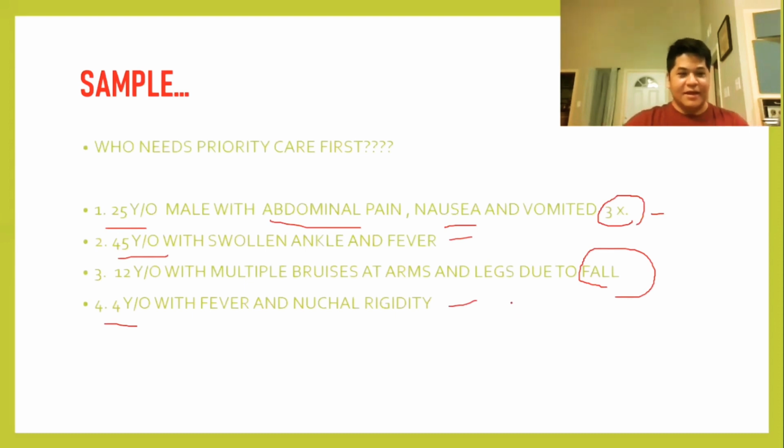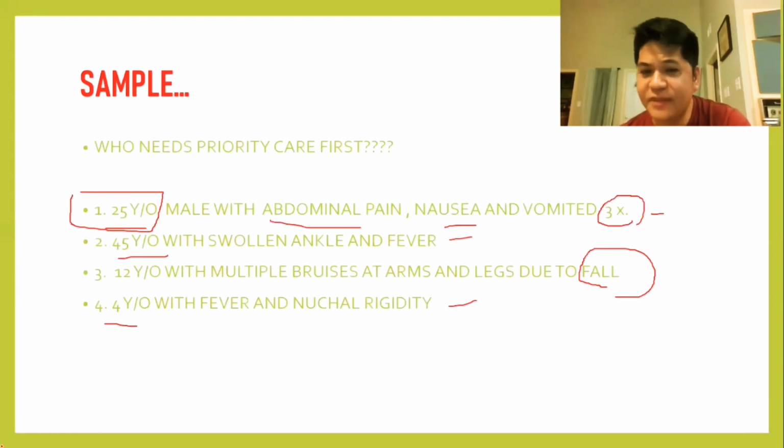Something is going on. Now, first, the 25-year-old male with abdominal pain, nausea, and vomited 3 times. Since he is 25 years old, he is stronger, and vomiting 3 times is not a risk for fluid and electrolyte imbalance unless he vomited 10 times. It could be, but 3 times is not. So we're going to X that.